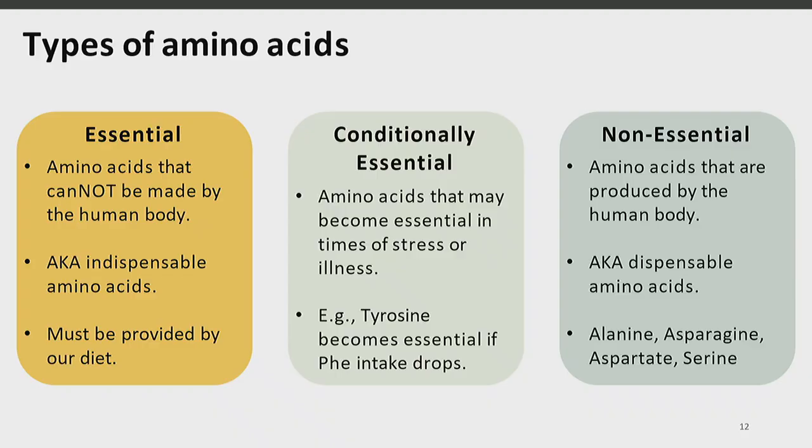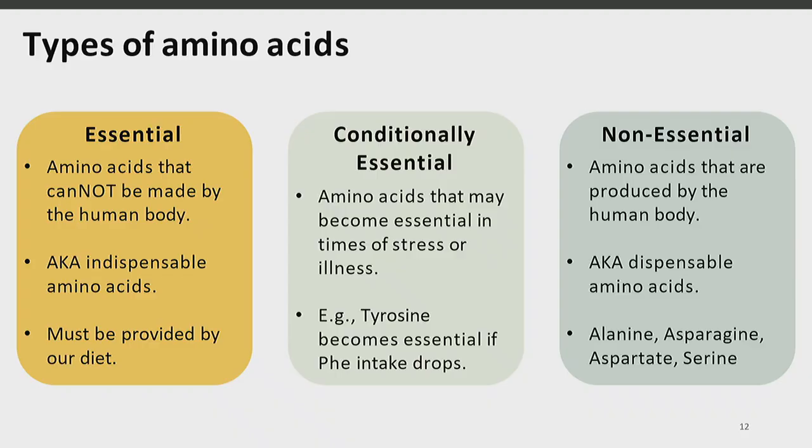But I think very often the conditionally essential question tricks some students. Okay. So we talked about people with phenylketonuria, PKU, and how they are not able to metabolize phenylalanine adequately. So we know phenylalanine is an essential amino acid. We cannot produce it in the body, and so we need it from exogenous sources.